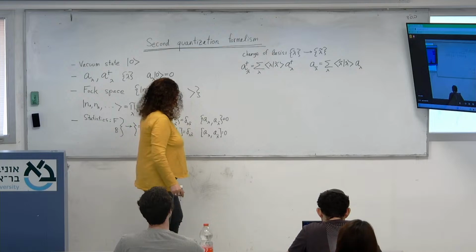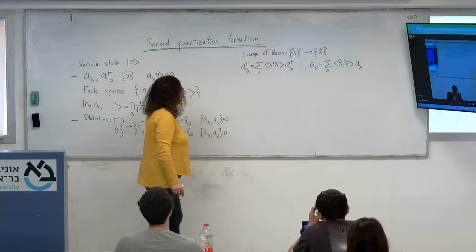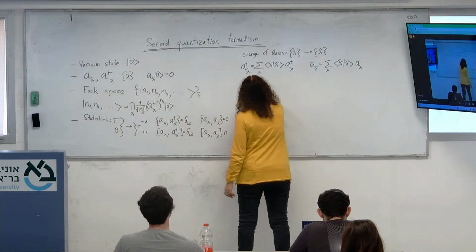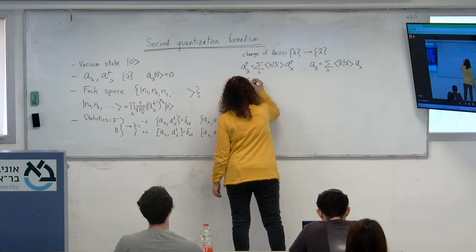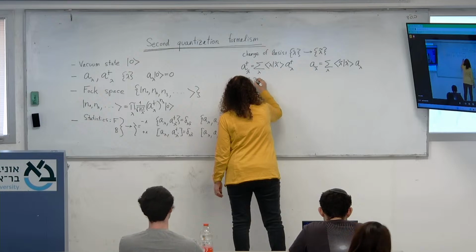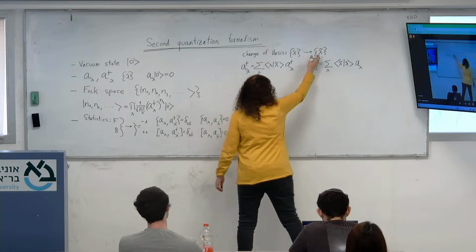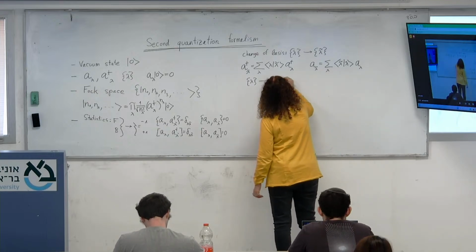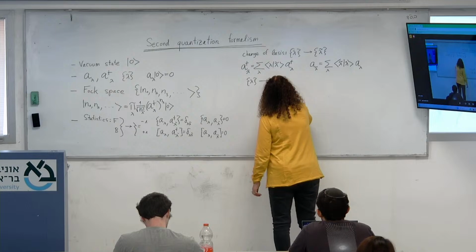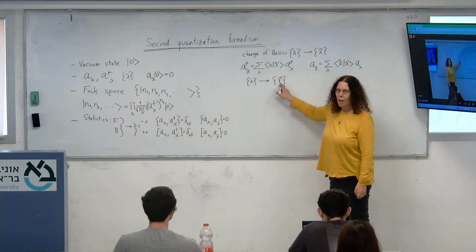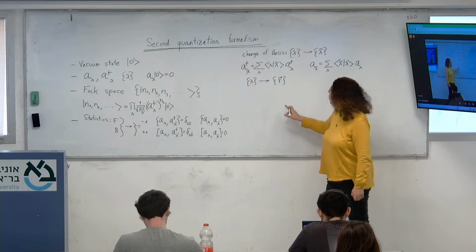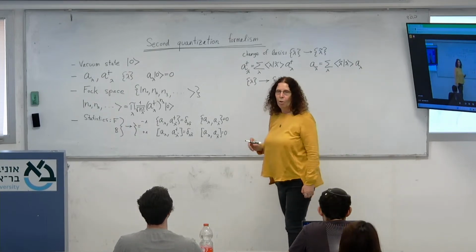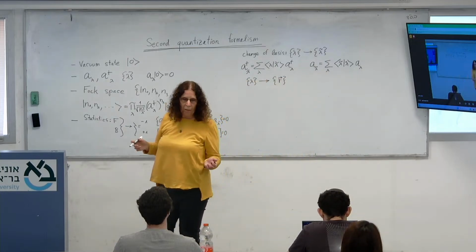A particular example of such a change of basis is if we had our lambda and we want to switch to what I called here generally lambda twiddle, which is going to be the real space coordinate R. So we want to go to a basis of local coordinates, or vice versa.